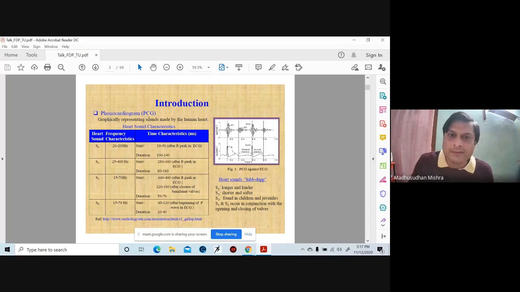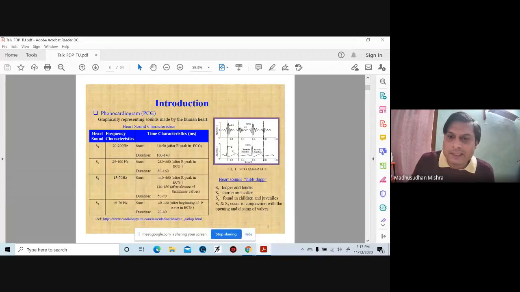It's the recording of heart sounds caused by the mechanical vibration of the heart. In other words, the phonocardiogram signal is the graphical representation of heart sounds.